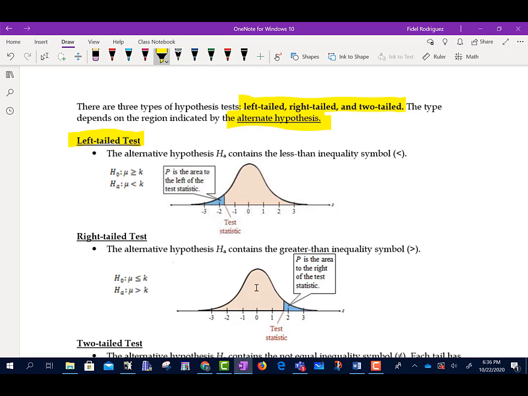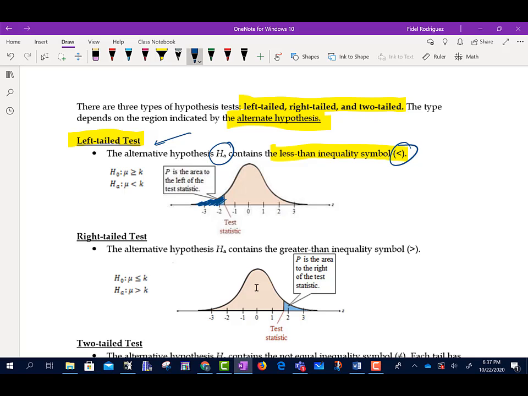Left-tailed test: the alternate hypothesis contains the less than inequality symbol. All I'm doing here, y'all, is looking at my HA and at the direction of the inequality. If it's pointing to the left, it's a left-tailed test, and my p-value is going to be the area underneath the curve right there, to the left of that test statistic.